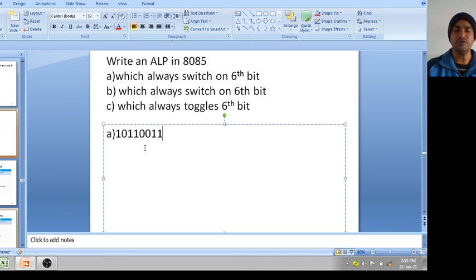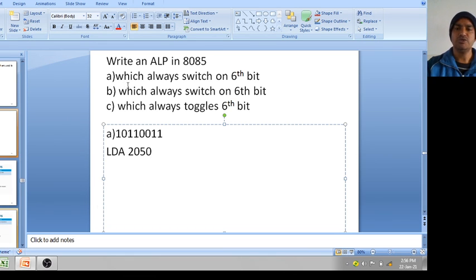You do not have to change other bits. So what will you do? Suppose I am taking this data, 1011, this is B3. Suppose B3. How will you switch on the 6th bit? Suppose data is available in 2050. LDA 2050 loads whatever data you want.